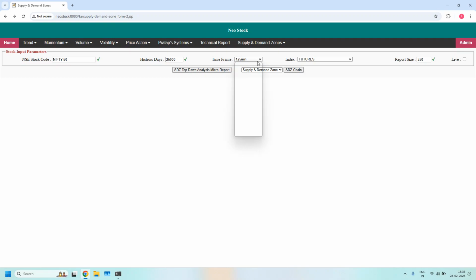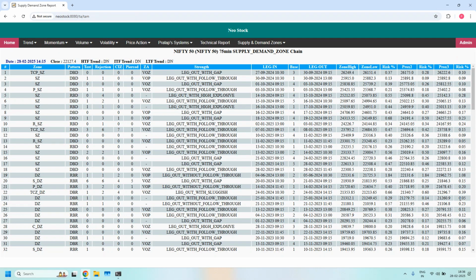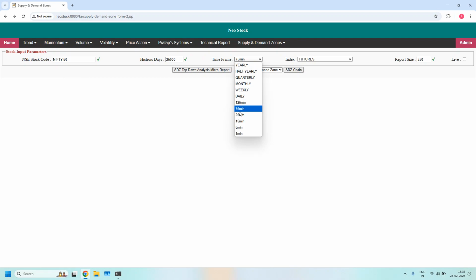Next, 75 minute supply demand zone chain for NIFTY. Okay, next, 25 minute supply demand zone chain for NIFTY.